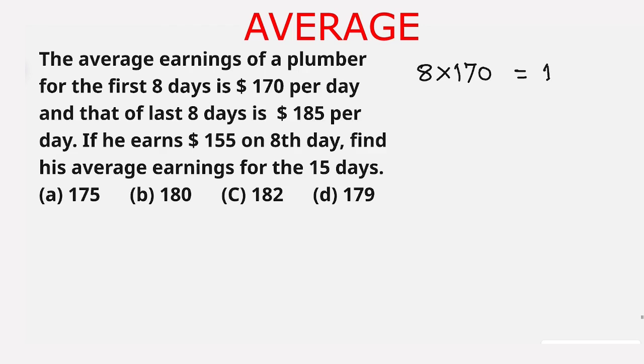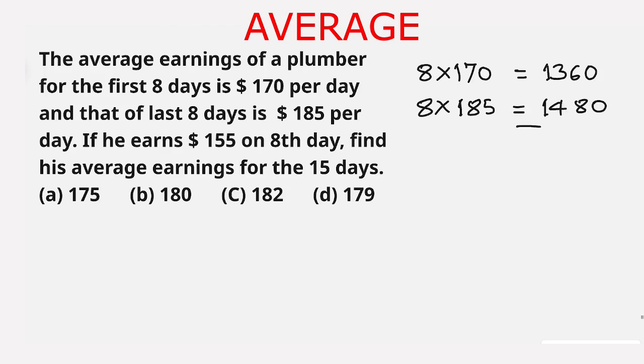So it will be 1360, and the last 8 days is 8 multiplied by 185. First we will find 180 times 8, which will be 18 times 8 is 144. It means that 180 times 8 will be 1440, plus 8 times 5 is 40. So 1440 plus 40 is 1480.